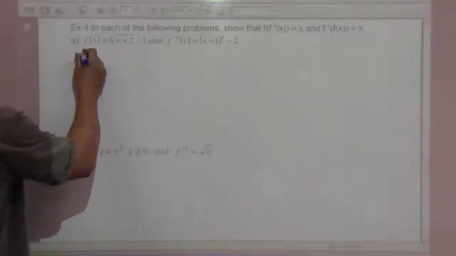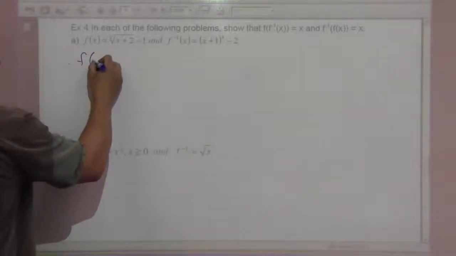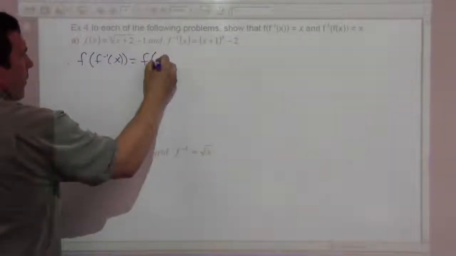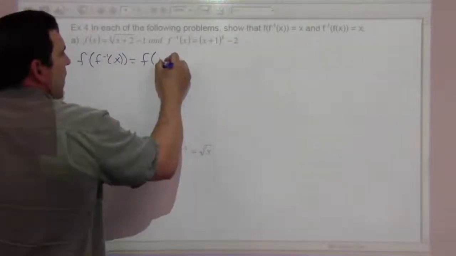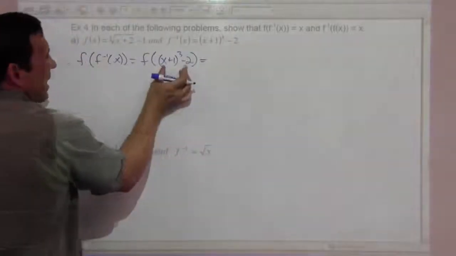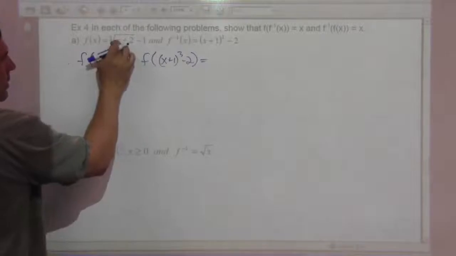So here we're going to go. f of f inverse of x, that's going to be f of this amount, cube root of x plus 1 cubed minus 2. So this goes in place of this x.